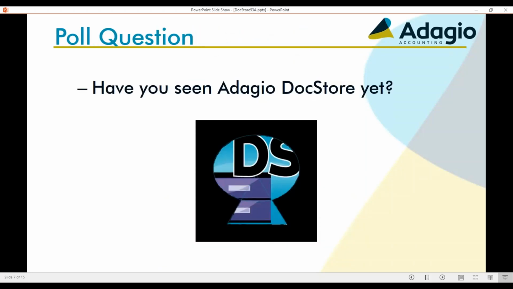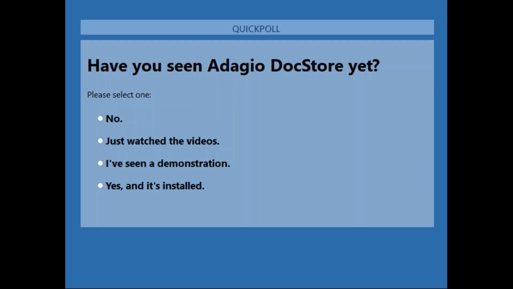Before we begin the presentation, I'm interested to know who our audience is today, as far as your experience with Adagio DocStore. So I'm going to launch a poll and ask if you've had a chance to see Adagio DocStore yet. Maybe this is your very first look, or maybe you've watched some videos online, or your Adagio consultant has given you a demonstration, or you've even taken the plunge and installed it and looked at it on your system. I'll wait till we have a few more responses.